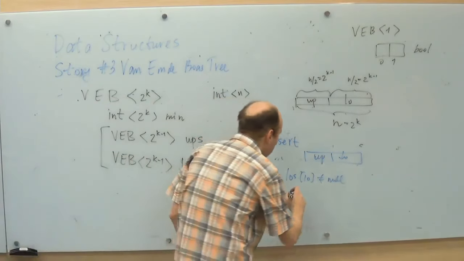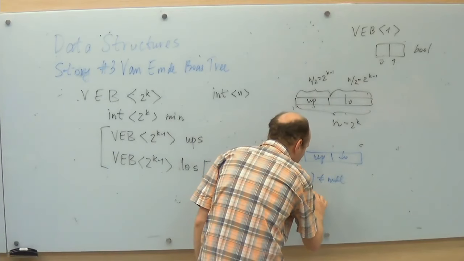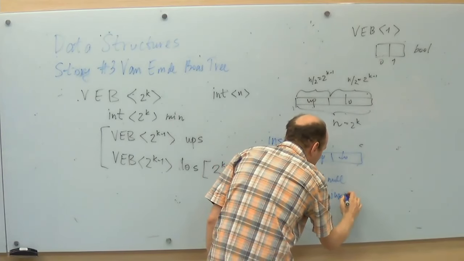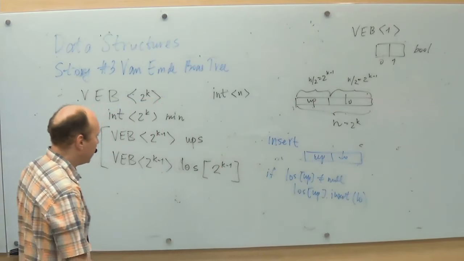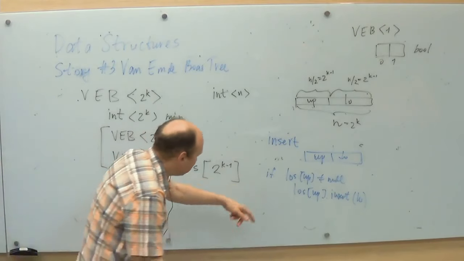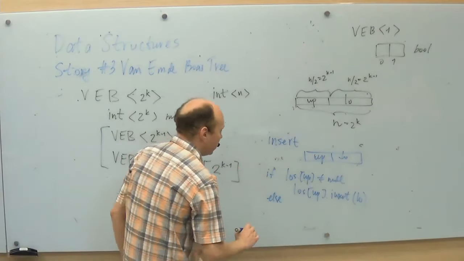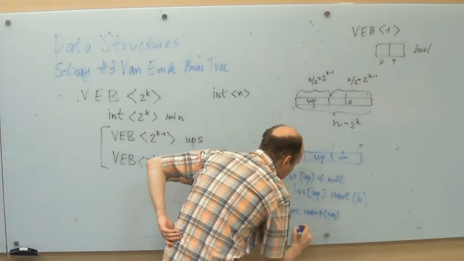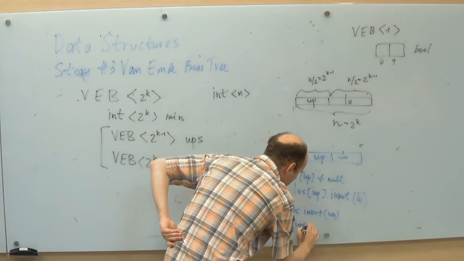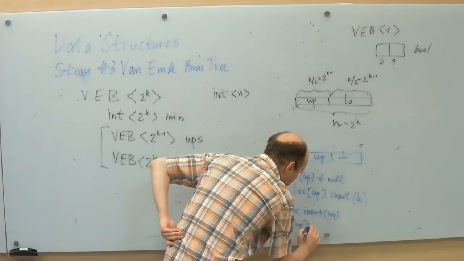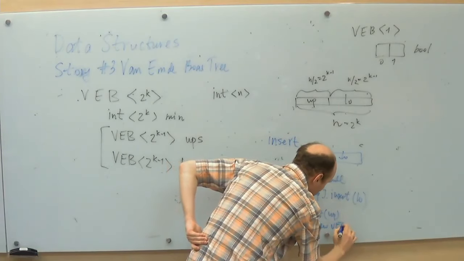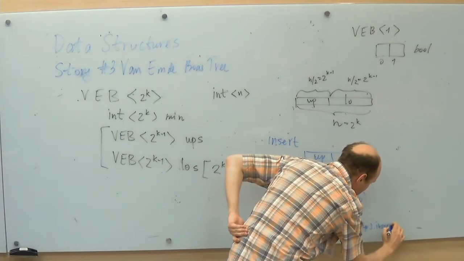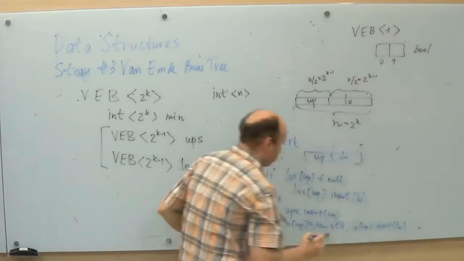And we only insert into the lows. So lows of up, insert low. In the other case, if it's null, then we must insert the upper part. So we make ups insert up, and lows of up is new tree, and into lows of up we insert low.